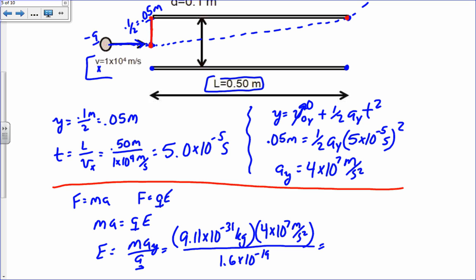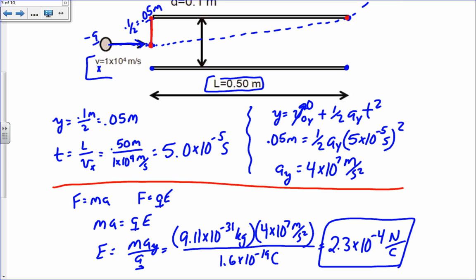I'm going to leave that as positive, even though it's an electron, because we're going to come back and address the whole direction thing. So that gives us an electric field of 2.3 times 10 to the minus 4 newtons per Coulomb.